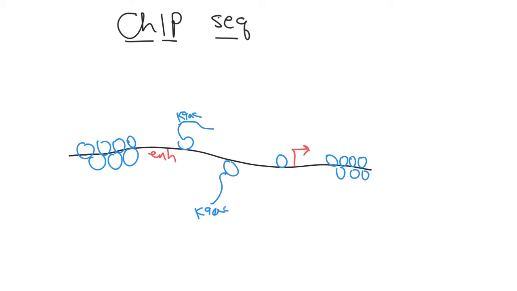So what we're looking for in ChIP-seq, chromatin immunoprecipitation, is the DNA sequence of the genome, of the chromosome, that's associated with acetylated histones, because those acetylated histones are in euchromatin. So this is a way to figure out what is the DNA sequence that's associated with euchromatin. That's the goal here: what is the euchromatin DNA sequence?